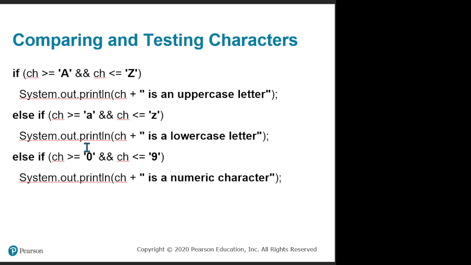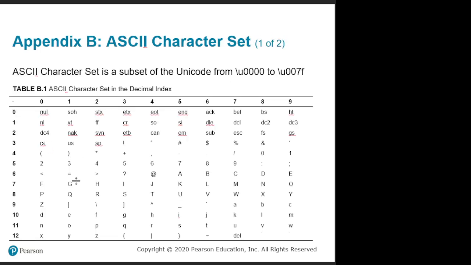Because internally in the computer these are turned into numbers, we can do greater than or less than. I'm going to jump back to the character set again, because these numbers have positional value.